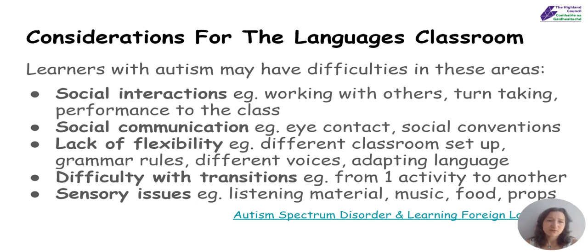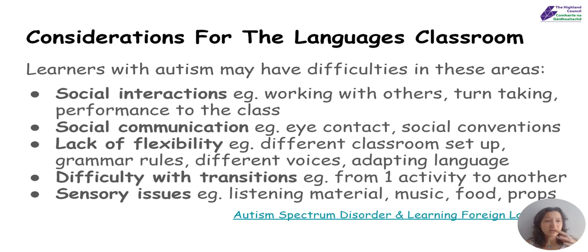So there's a resource here looking at autism in particular and learning foreign languages, and I've taken some of the ideas from this resource. Children with autism have difficulties particularly with these four areas: social interactions, social communication, flexibility, which also is to do with transitions, and sensory issues.